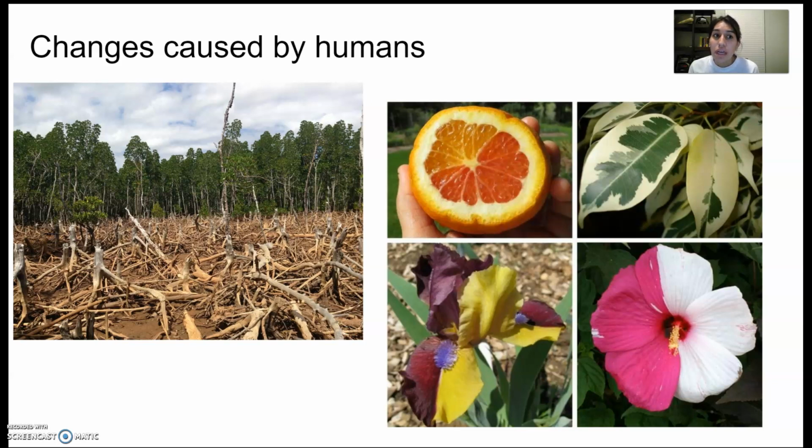Not only do we do that, bugs and animals do it as well, but we cross pollinate two different plants or flowers, and it causes things to differ in the way that they may look from the way that they're supposed to originally look. So these are different ways that plants and flowers can be changed. These are not inherited. Remember, inherited traits are their physical traits, the way you can describe them. What can you see? Those are the inherited traits.